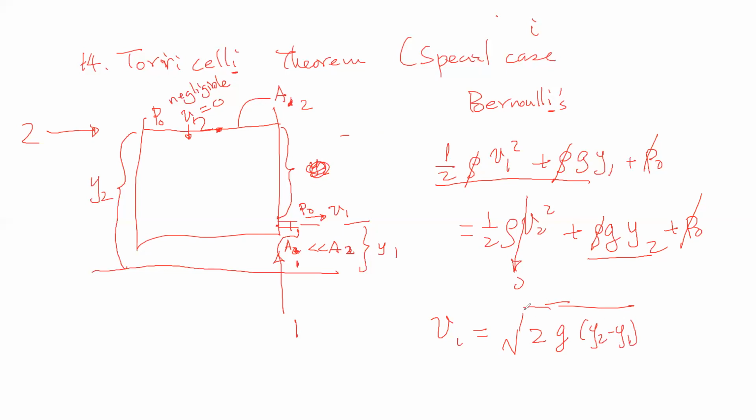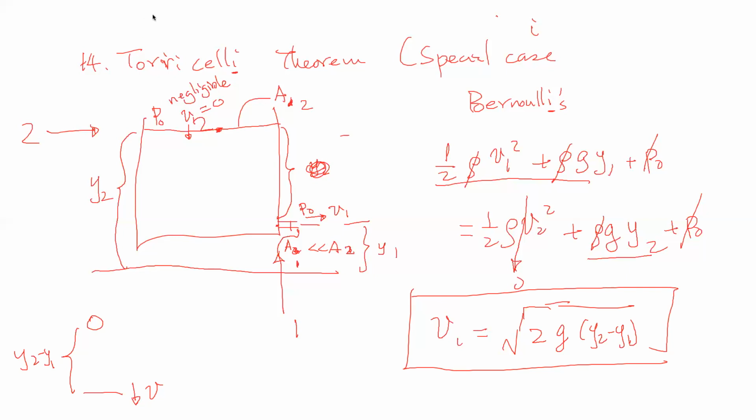So this is identical to when you have a ball and you drop it this y2 minus y1 to this location. What will be the speed there? You'll get the same equation. So this equation is the Torricelli principle, Torricelli theorem.